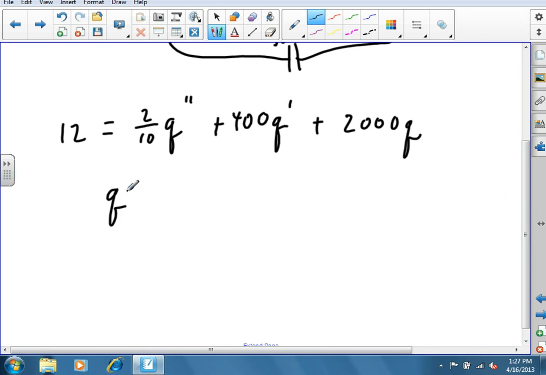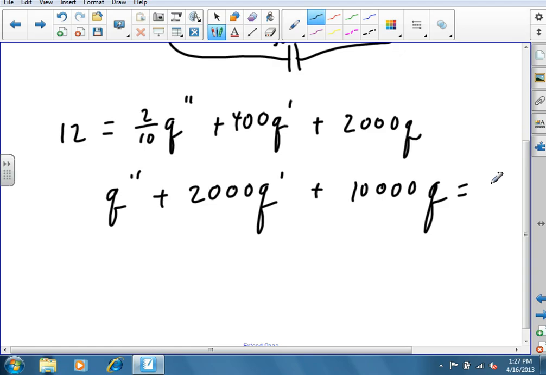So I've got Q double prime plus 2,000 Q prime plus 10,000 Q is equal to 60.